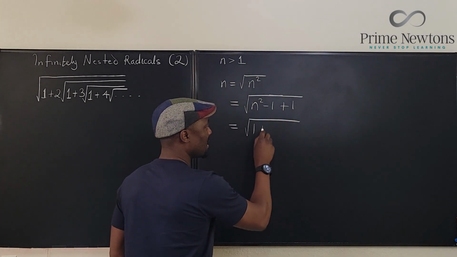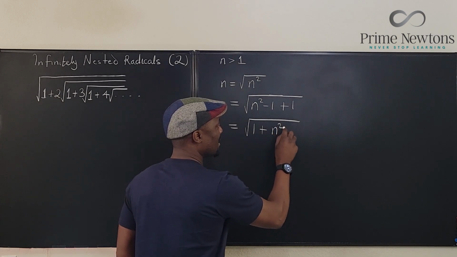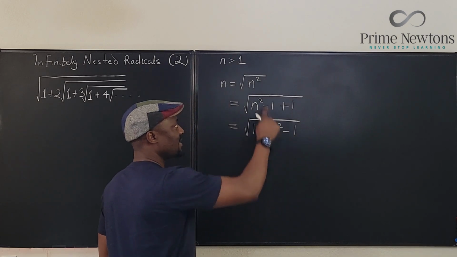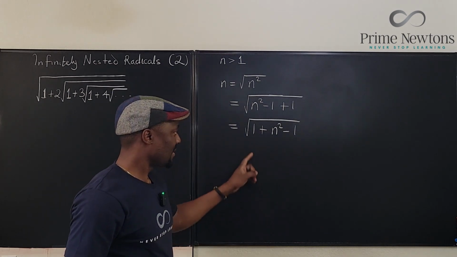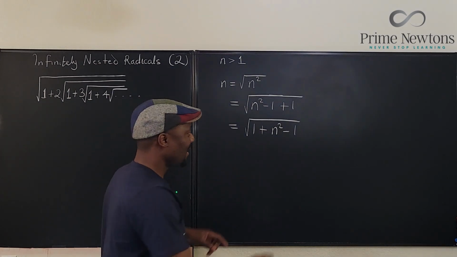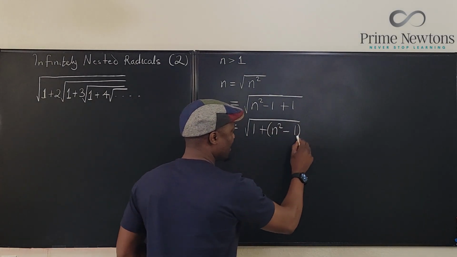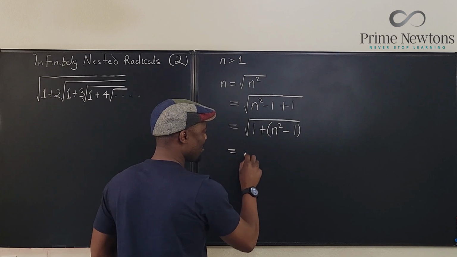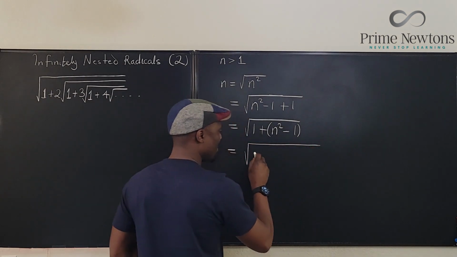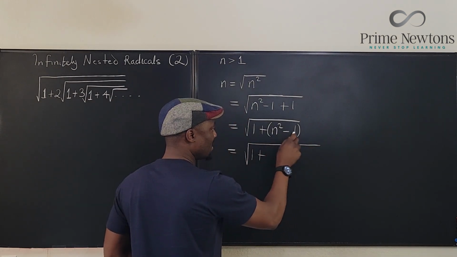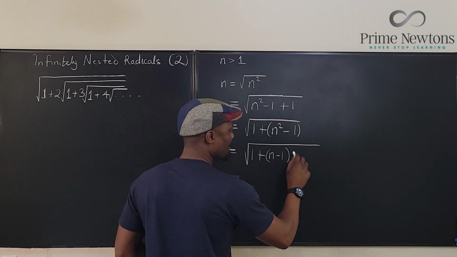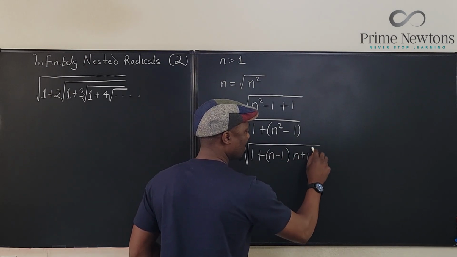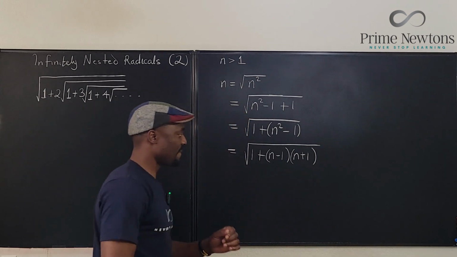So it's going to be the square root of 1 plus n squared minus 1. This is still the same thing as this, and it is still n. But if I factor this, I'm going to get the square root of 1 plus, what is this? This is n minus 1 times n plus 1. Nice.